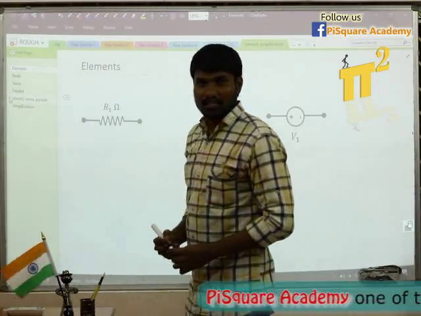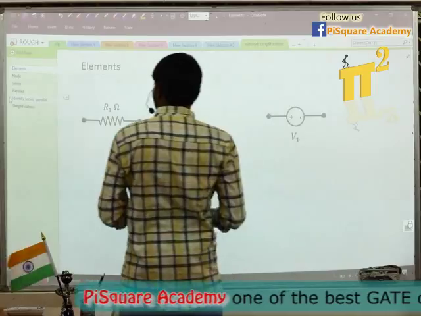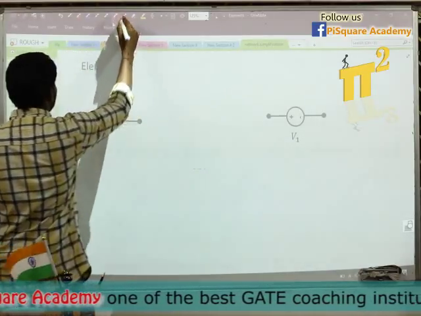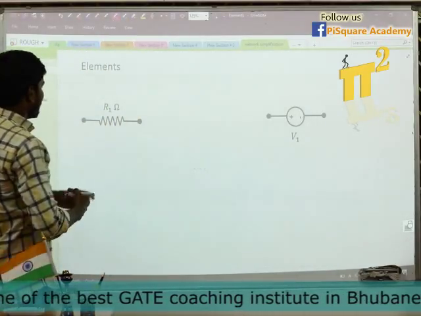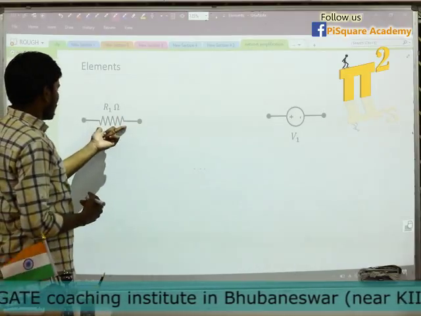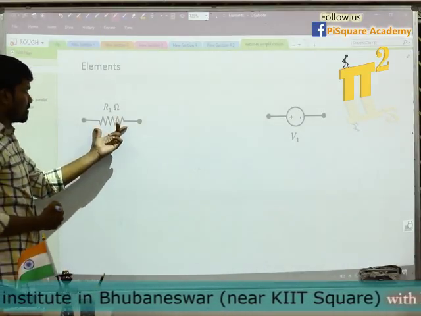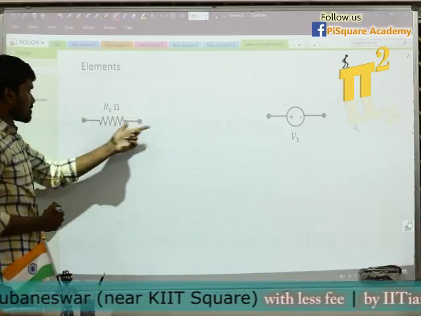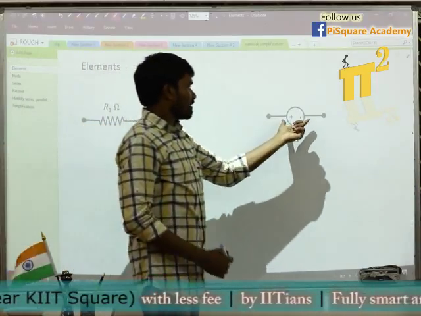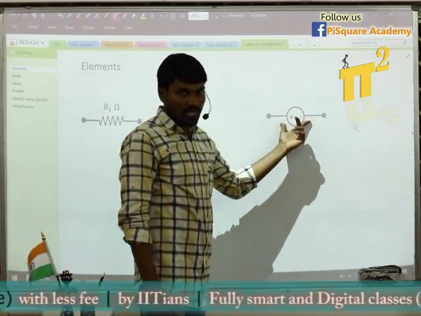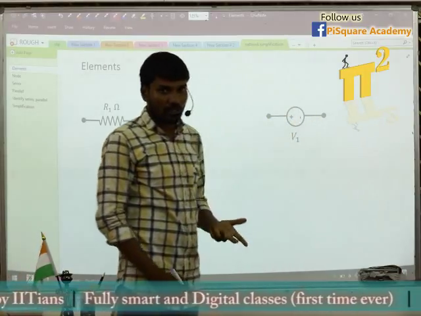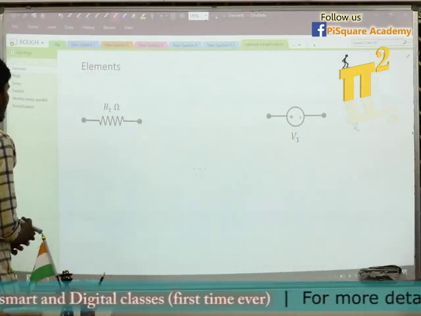So first, let's see different elements. We know this is a resistance and it has two terminals, and we have another element that is voltage source, active element. It also has two terminals. We know this.